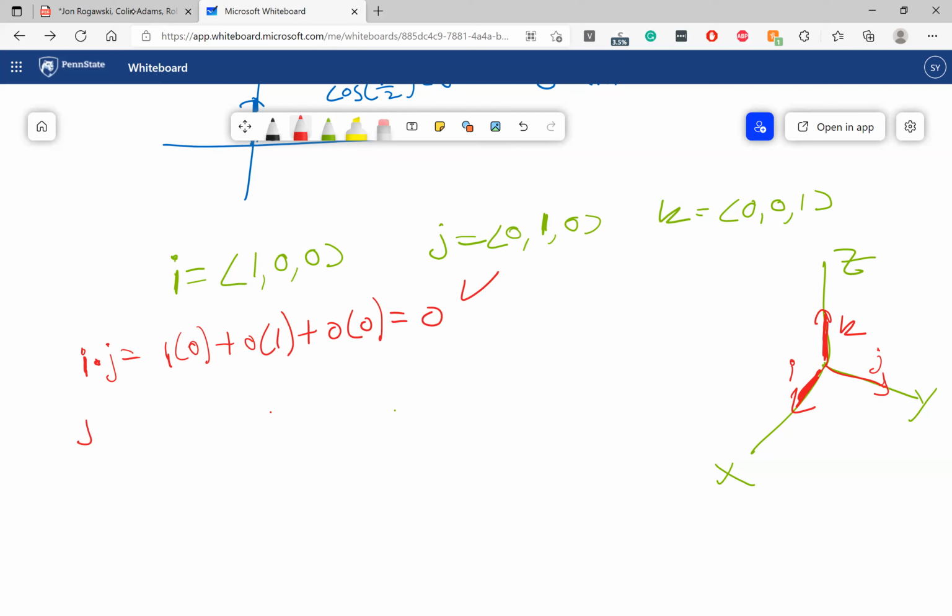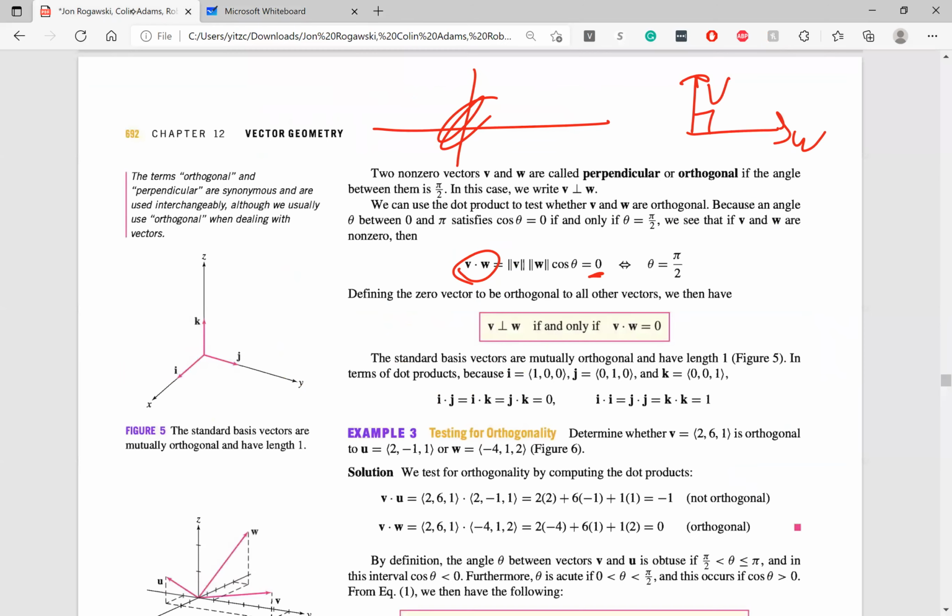J dotted with K: 0 times 0 plus 1 times 0 plus 0 times 1 equals 0. Check. Any questions? Okay.